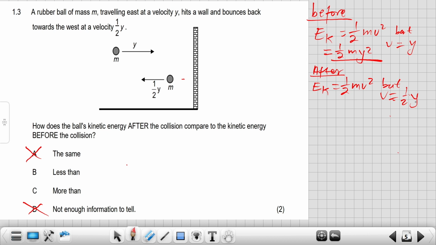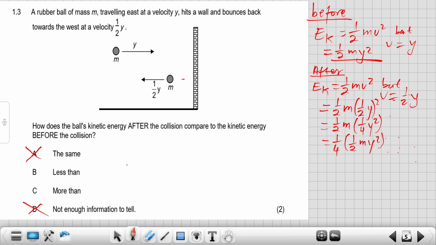So when I substitute into this equation, I will have half m times (1 over 2 y) squared. Then when I manipulate it, I will still have half m, and then 1 over 4 y squared. So I write it in a form that I have 1 over 4 into half m y squared.